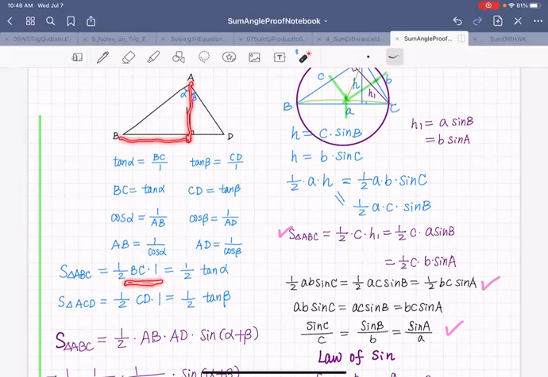And BC is who? BC is tangent alpha. So the area of triangle ABC is 1/2 times tangent alpha.